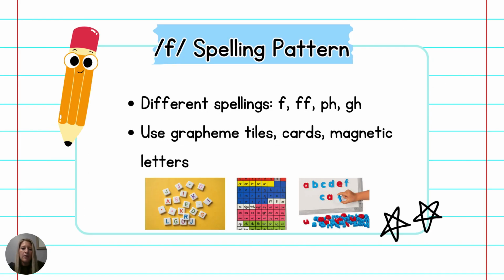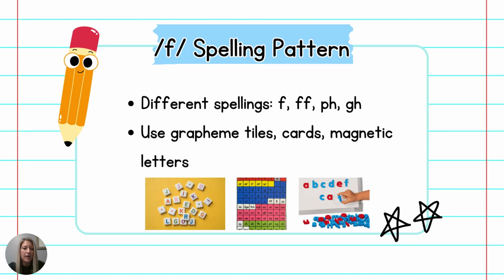So if I'm going to do a lesson and say I'm going to teach the sound, the spelling pattern, I'm going to acknowledge that there are multiple different spellings for that. So like I said before, there's F, there's double F, there's the PH and the GH. So I can do that by using multiple things. So I can use graphing tiles, I can use different cards, I can use magnetic letters.